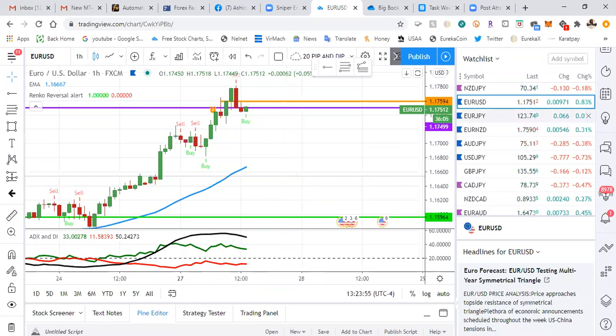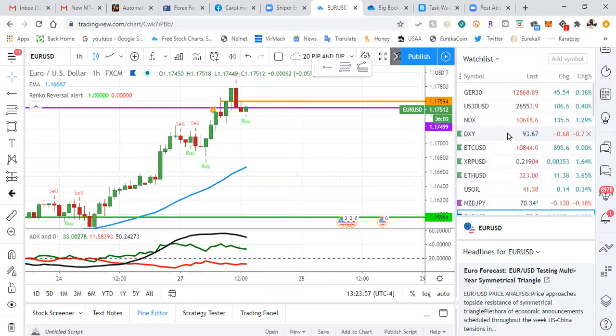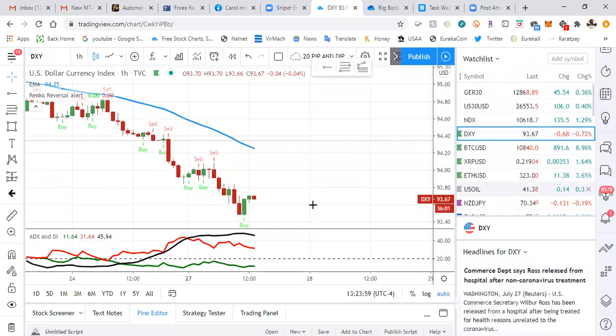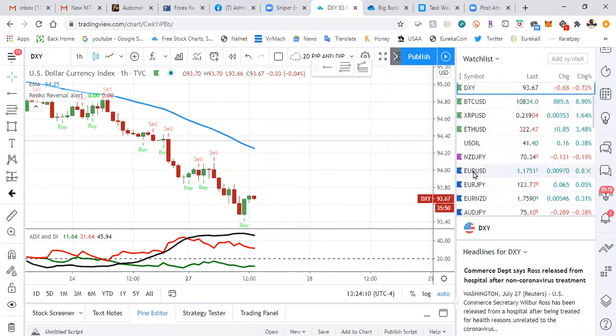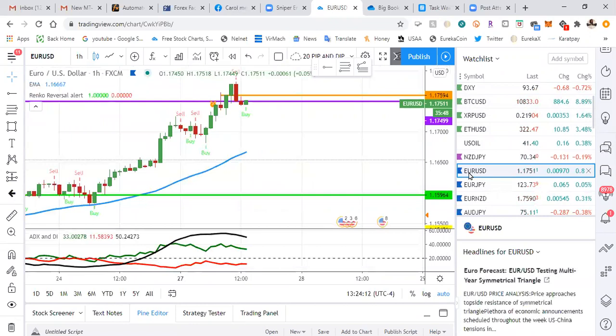Right now the DXY is still below. Okay. The DXY is still below. So that means the US dollar is still weak. Euro USD has the potential to still buy. I'm just being honest. So that is why you sit on your hands and you just don't jump in for the sell, right?